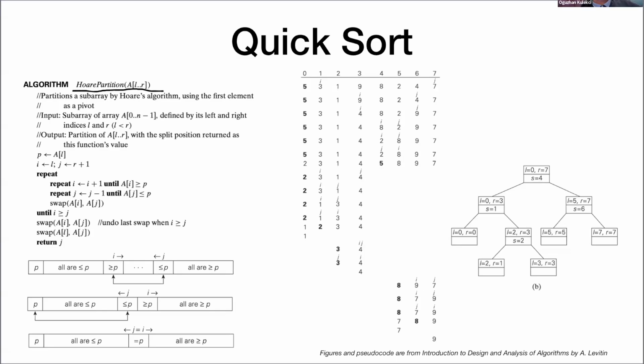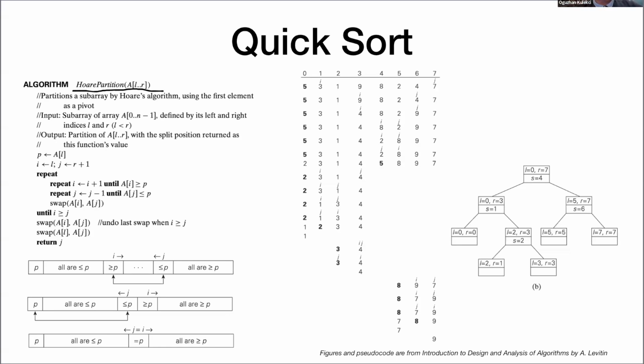This is a bit more complicated, as I said, so I suggest you study this pseudocode on your own, slowly, doing everything with pen and paper. But I will try to explain. So this is the partitioning.